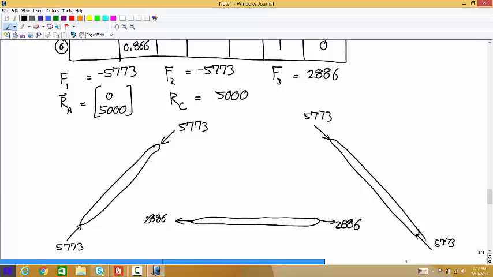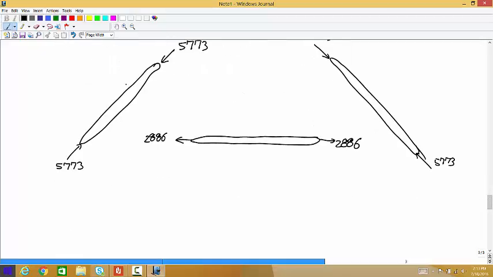So now we have the internal loads, and we need to calculate the stress tensors. Since these are just in pure tension compression, we can just divide the tension compression by the cross-sectional area, and that gives you the stress.